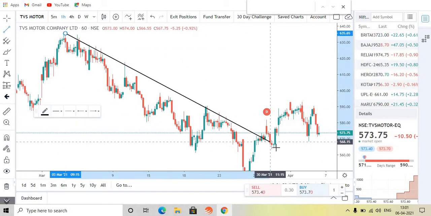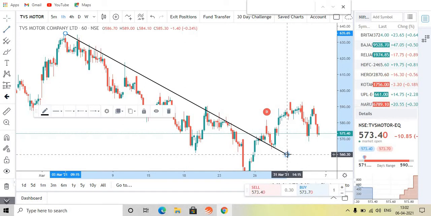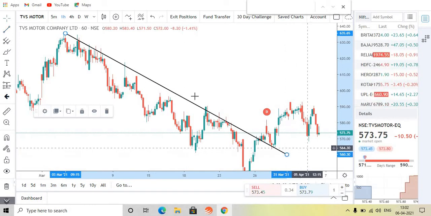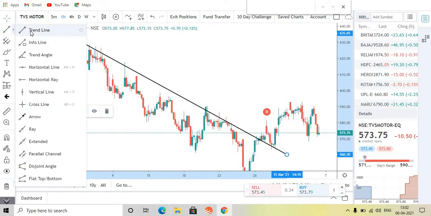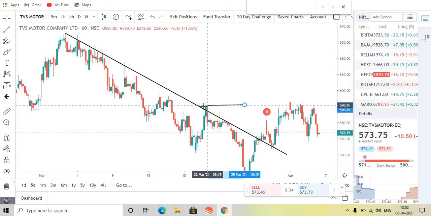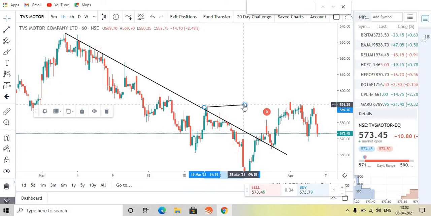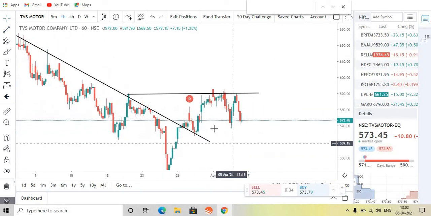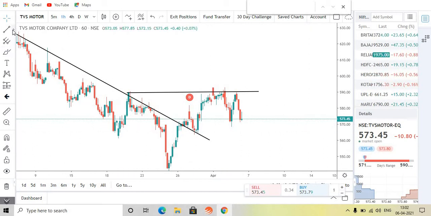From here to here, the market was in a complete downtrend. Now from this place the market starts to consolidate. You can see the price is moving within this particular range right now.